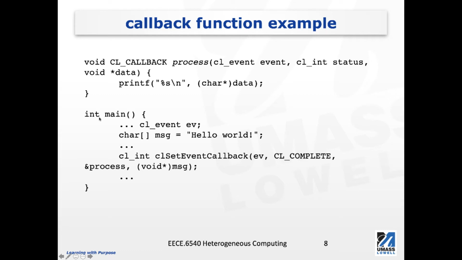And in the main program, on the host, we declare the event ev, and then we declare a message, hello world, and then we can use clSetEventCallback to associate this callback function process with the event ev. And this msg is, for example, used to pass in any parameters that might be necessary to this callback function.